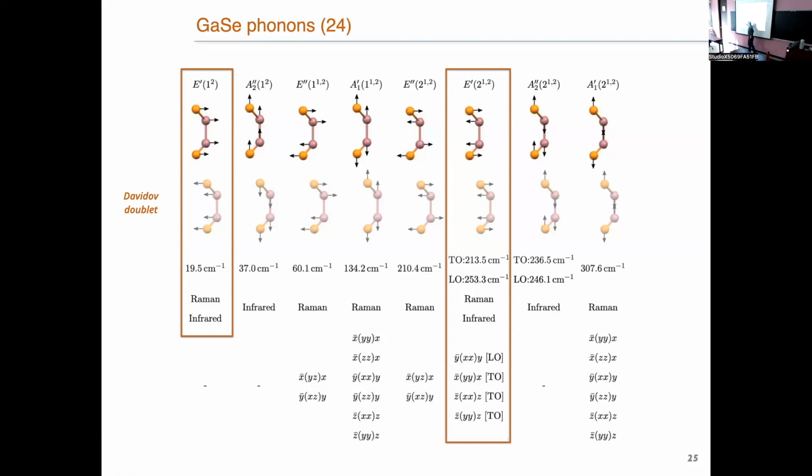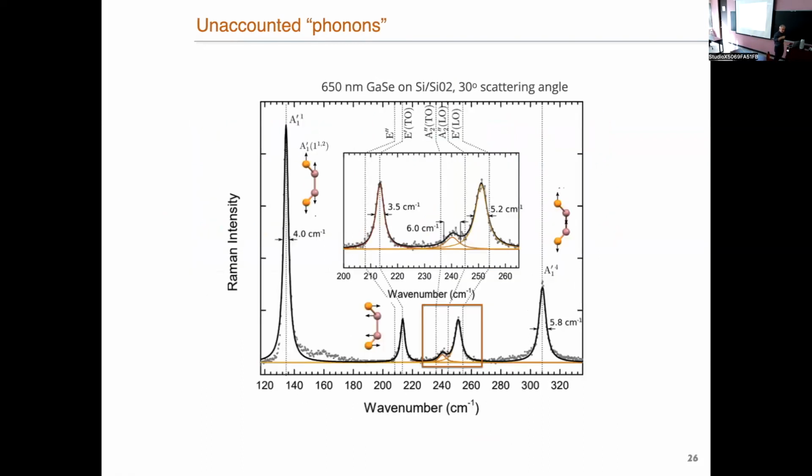In this material, we have this one. They're very different in frequencies, and our system works best by looking in this frequency range, so we'll concentrate on this phonon.